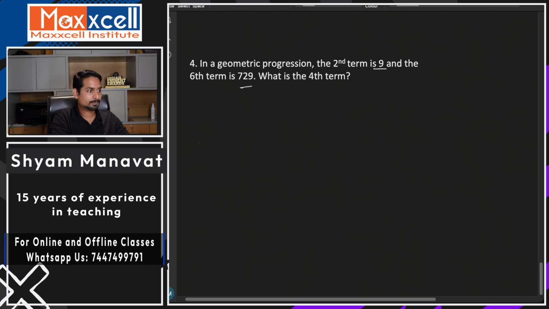So the second term is 9, that's AR. I hope you are comfortable with this. And the sixth term is 729, that's AR to the power 5.